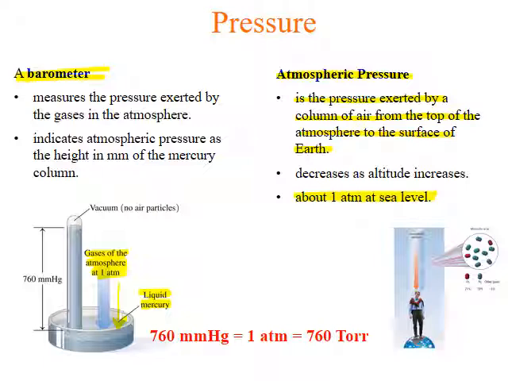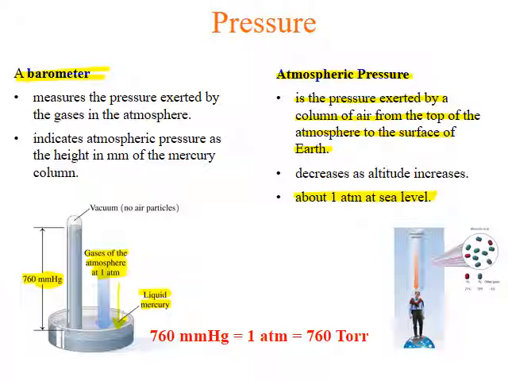That height, when measured, is 760 millimeters of mercury. That is why another unit of pressure is given in millimeters of Hg. That means how much height the mercury has risen when the pressure exerted onto the liquid mercury is 1 atm.